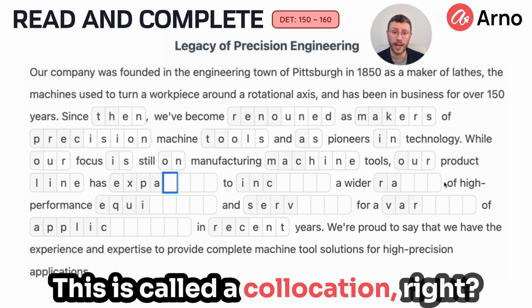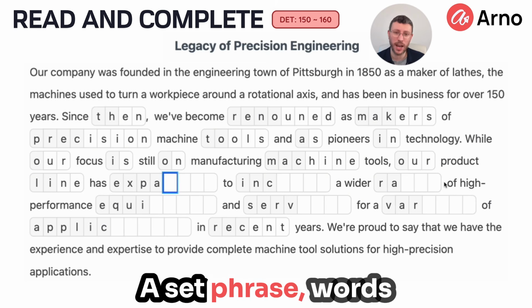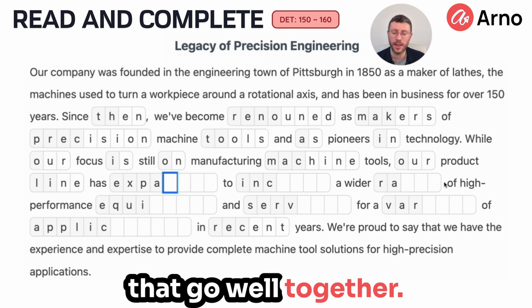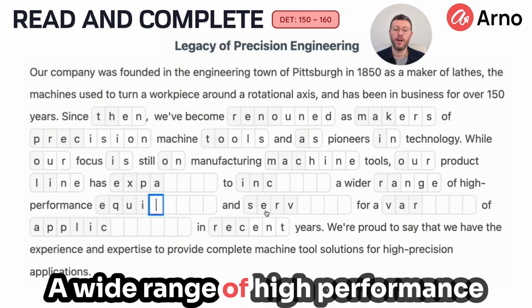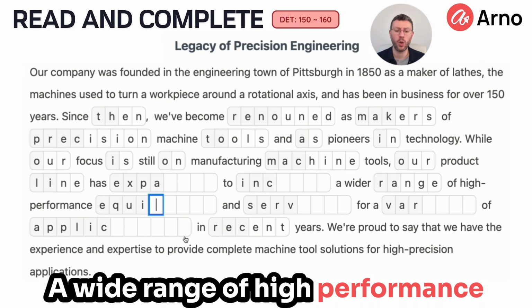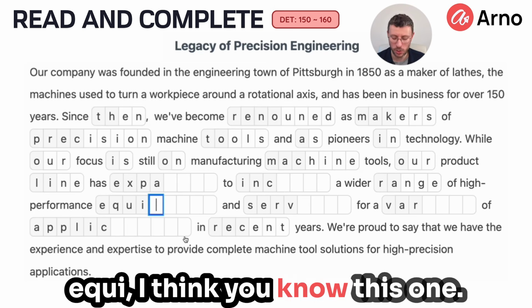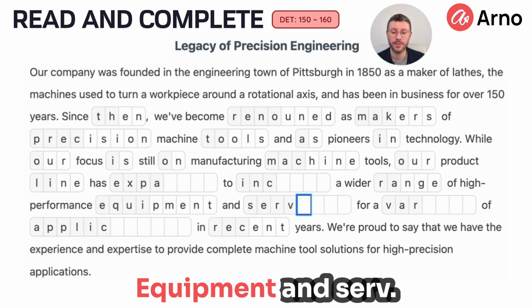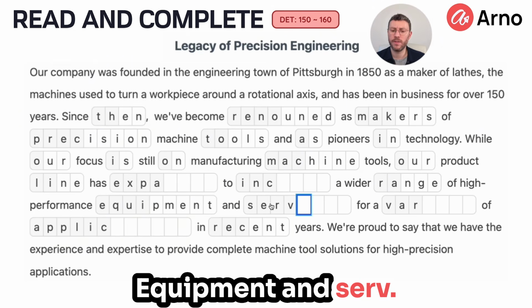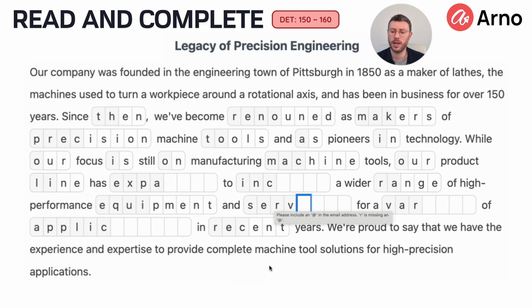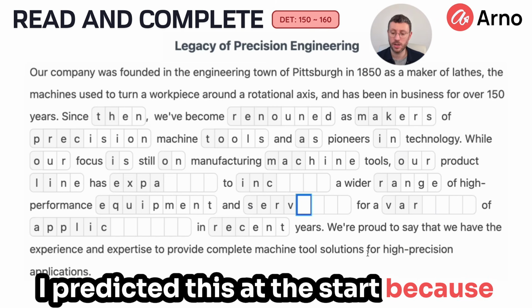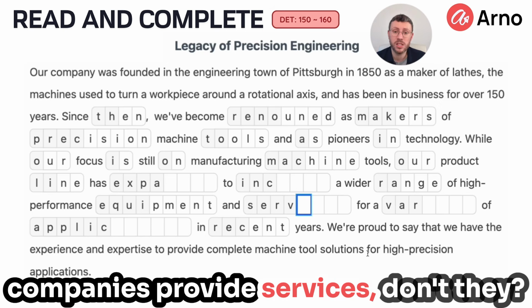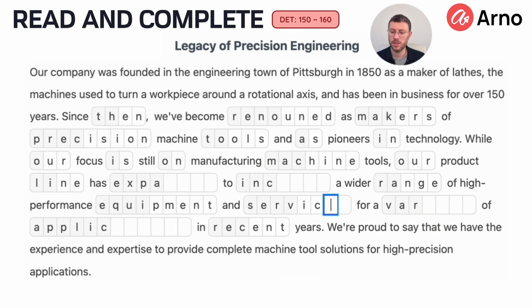This is called a collocation, a set phrase, words that go well together: a wide range of high performance, I think you know this one, equipment and survey. Okay, I predicted this at the start because companies provide services, don't they?